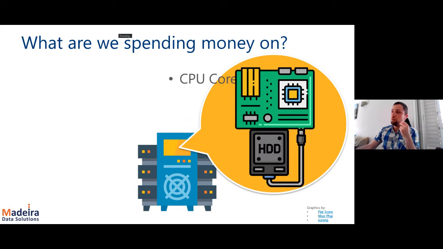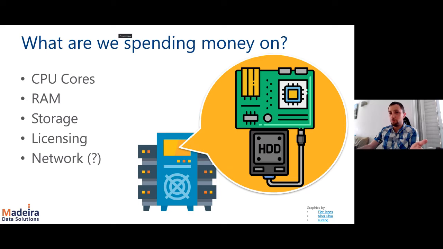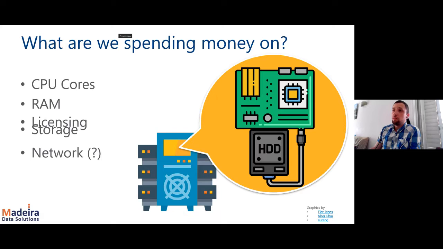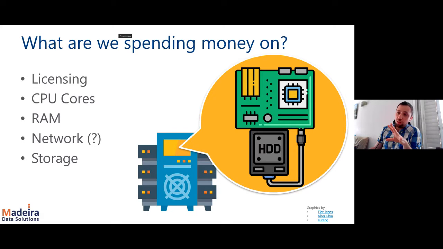Expenses and money. So what do we spend money on when it comes to SQL Server estates? Most of all, we spend on CPU cores and on network bandwidth. But in the vast majority of cases from the field, this list actually looks more like this in terms of priority, in terms of how much is being spent on each.